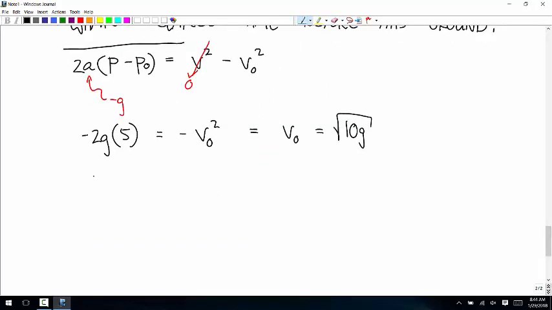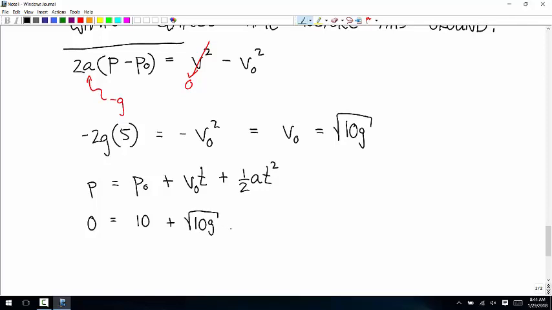Then we can use the equation P is equal to P0 plus V0t plus 1/2 a t squared. Now we're looking for the time when it hits the ground, so P is equal to 0. This is equal to 10 plus V0, what we just solved for, minus 1/2 g t squared.